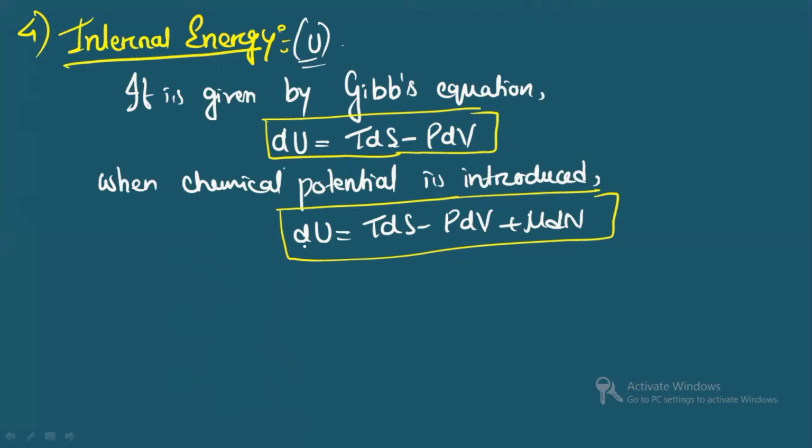So when you introduce the chemical potential term, you can write dU equals TdS minus PdV plus mu dN. Now you see, internal energy is a function of S and V. So again, when the entropy is constant and the volume is constant, then the system is in equilibrium, that is, dU equals 0. This is how you can get the equilibrium condition for all the four potentials.